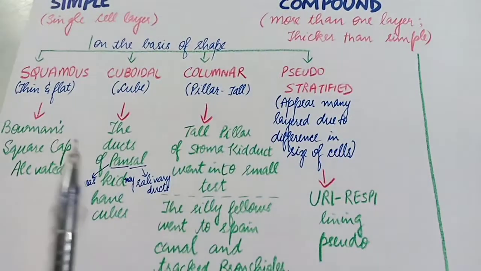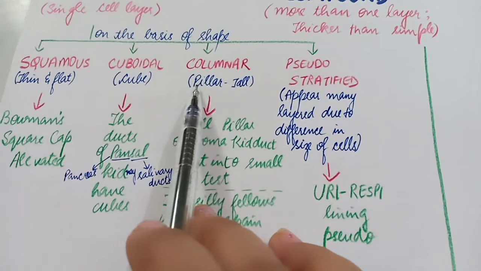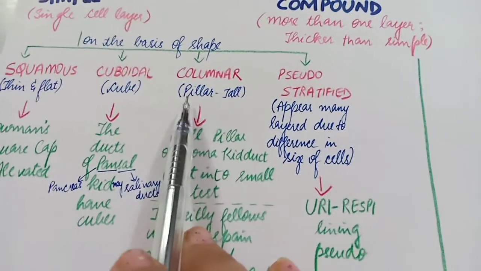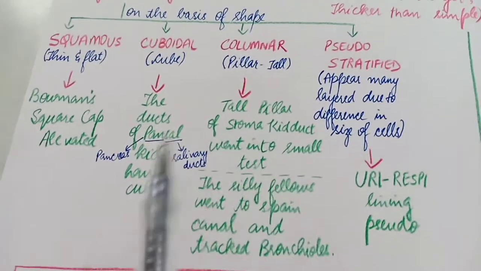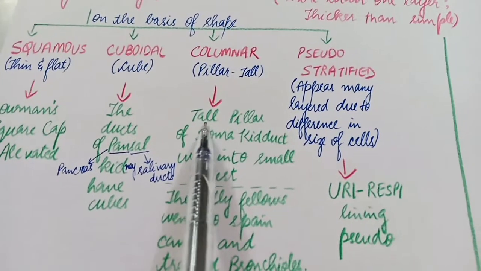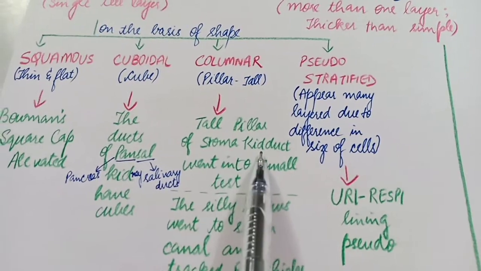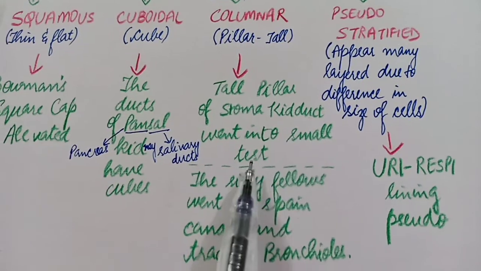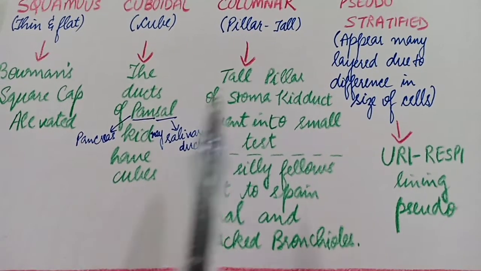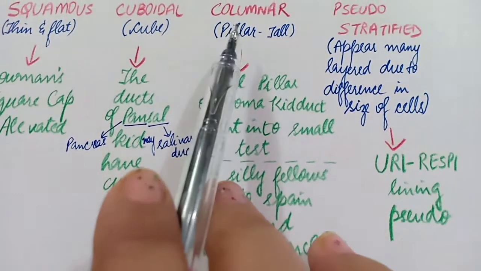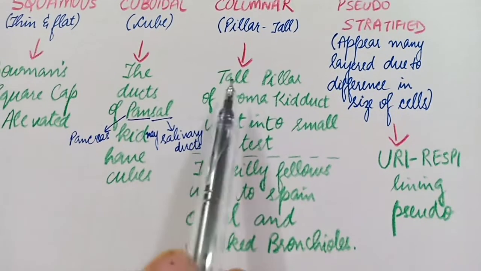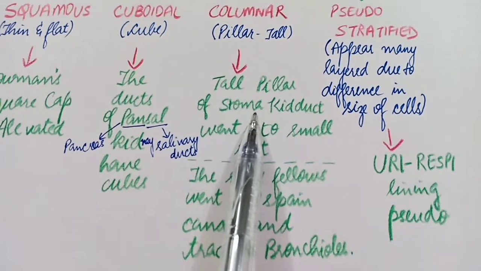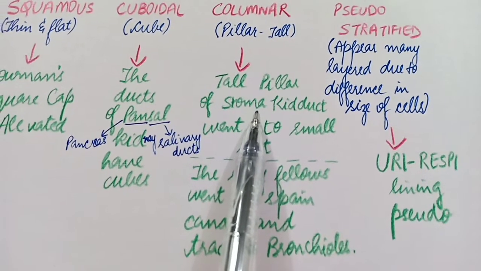Columnar simple epithelial. Now here the cells are pillar-like, means they are very tall. So the short form to learn is: tall pillar of stomachiduct went into small test. Tall is to remember that the cells are tall, pillar-like. Stoma is stomach because it is present in stomach.